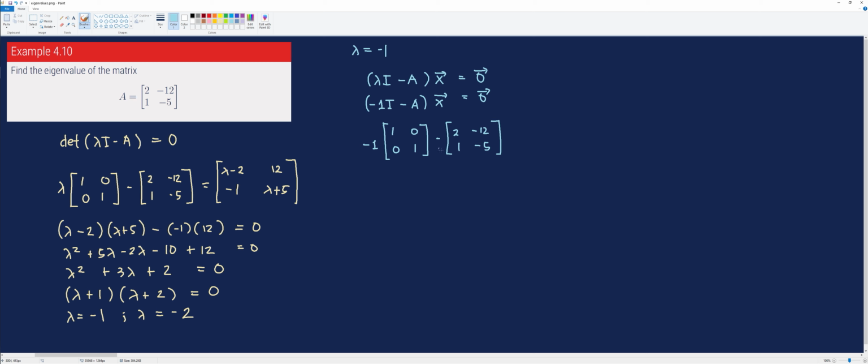And this one is equal to -1 minus 2. And this one is -1 times 0 is 0 minus -12, so that is +12. So -1 times 0 is 0 minus 1, that is -1. -1 times 1 is -1 minus -5, and that is +4.